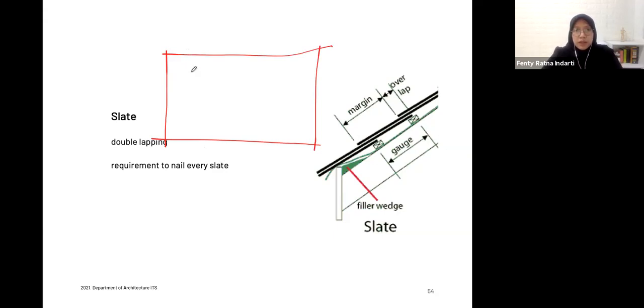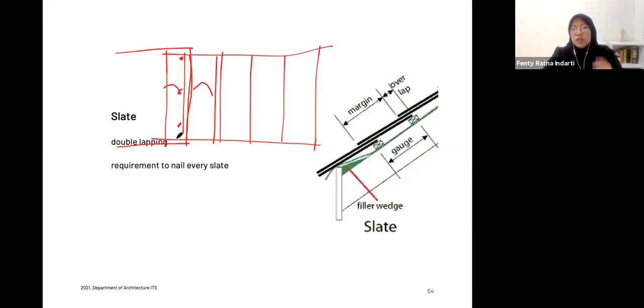The module is already like terracotta tiles usually. If you select those like this, and use this type of configuration, between one sheet and another sheet, you have to make an overlap at least in this part, and then nail it.